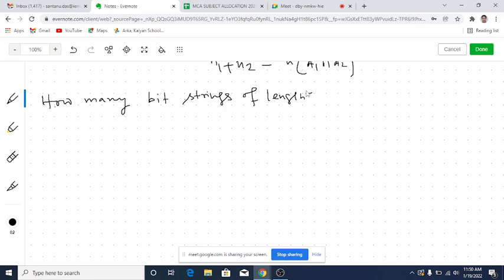There you will get an alternative: there will be 2 questions, out of which you need to answer only 1. So total 10 plus 10 plus 10, that is 30.